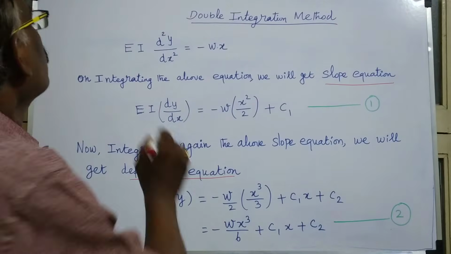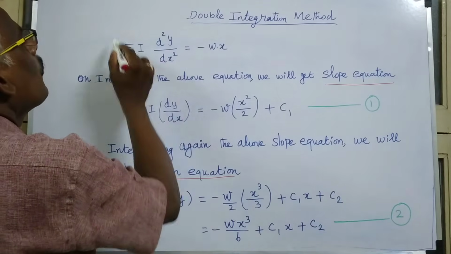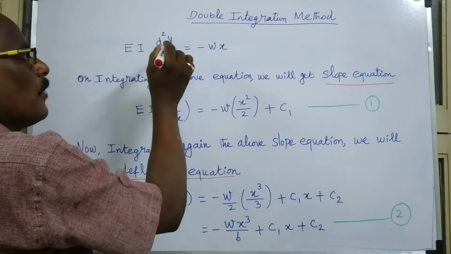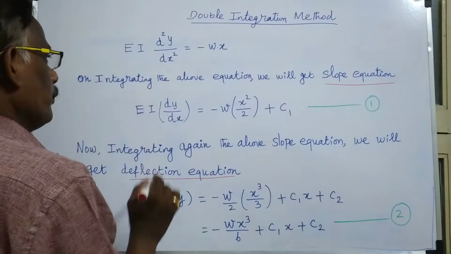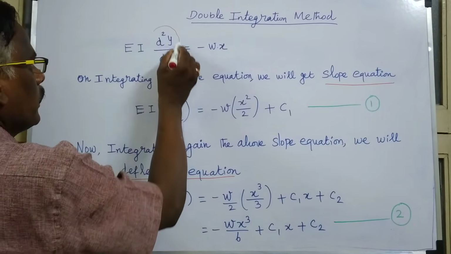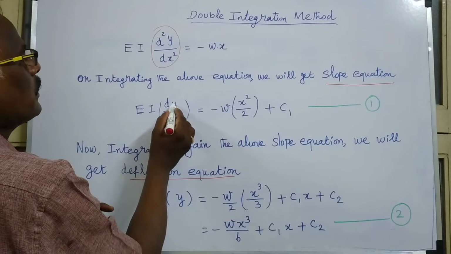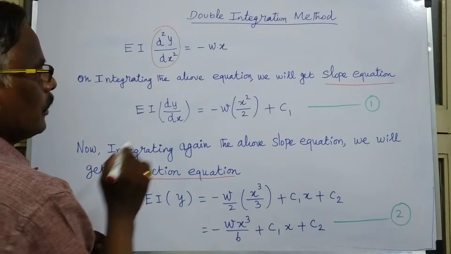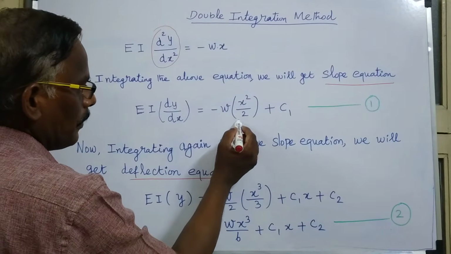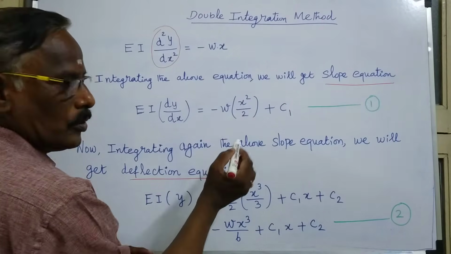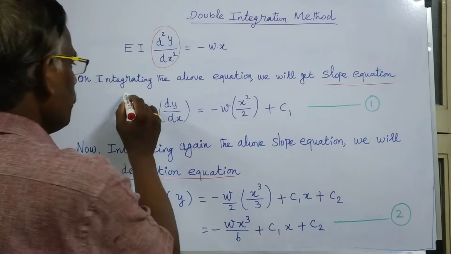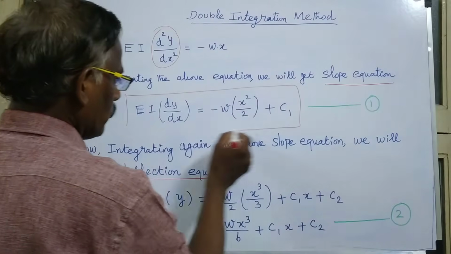Now integrate: it becomes EI dy by dx. Taking minus W out, if you integrate the x term, it becomes x squared by 2, then adding the constant C1. Let it be equation number 1.